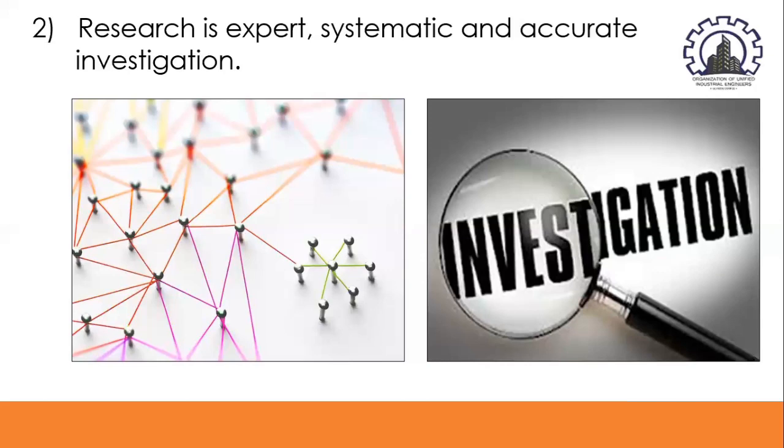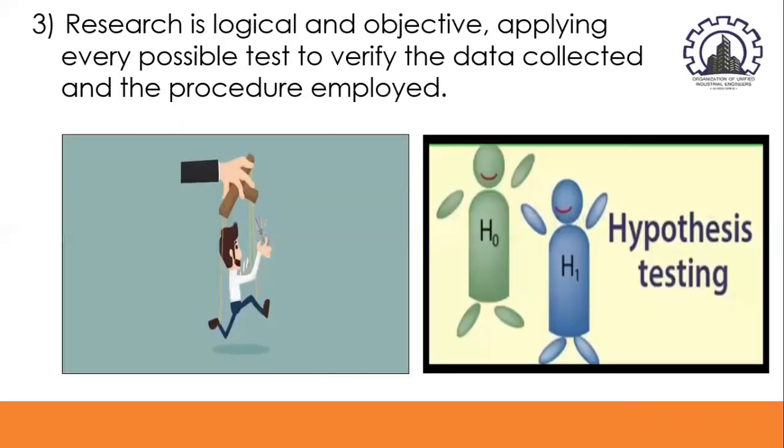And third, we have research is logical and objective, applying every possible test to verify the data collected and the procedures employed. Now, in this characteristic, what the researcher usually does is constantly strive to eliminate personal feeling and preferences.